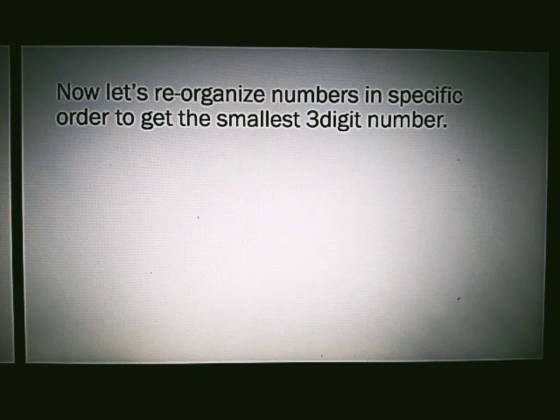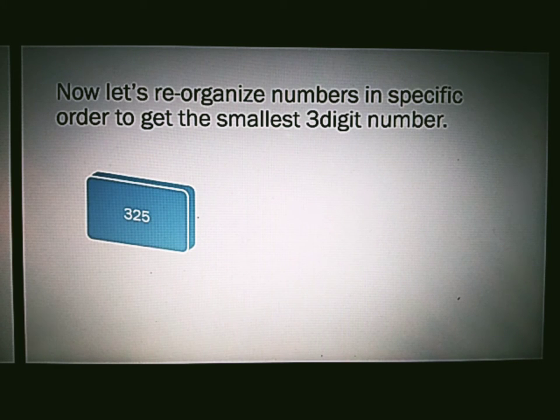Now let's reorganize numbers in specific order to get the smallest 3-digit number. Let's see how to create the smallest 3-digit number. Suppose 325, 3, 2 and 5 is the given number. Here we will have to identify the smallest number first.